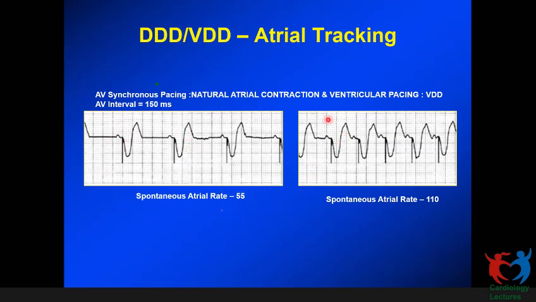When the same patient is having a higher sinus rate, either because of physical activity or any other physiological reason, then the sinus rate increases, and it's going to track that faster rate by sensing the atrium on every beat and pacing the ventricle at a faster rate. So this is the reason why the functional VDD in a patient with normal sinus node function will provide appropriate rate response as well. So that's the advantage of tracking the atrium in a normal sinus node patient.